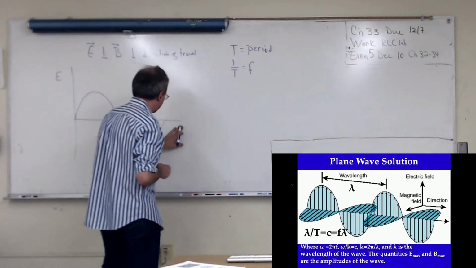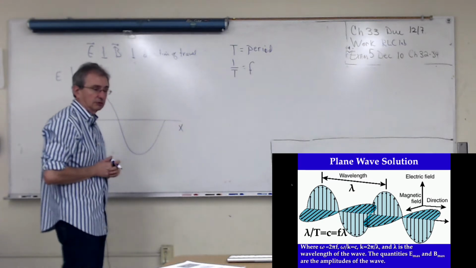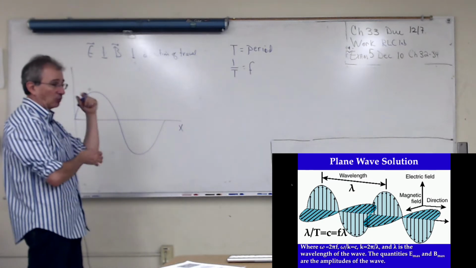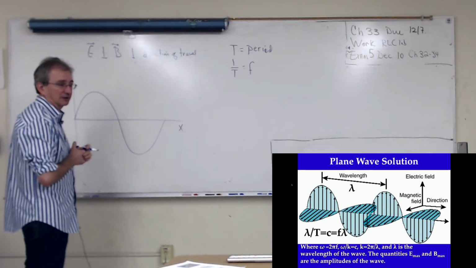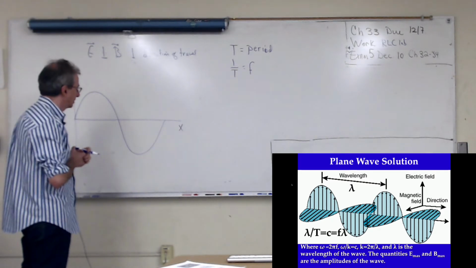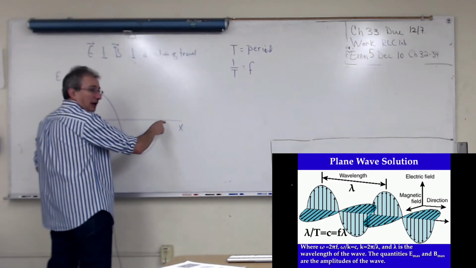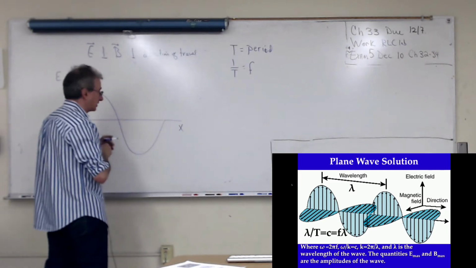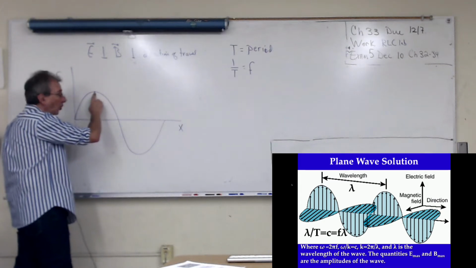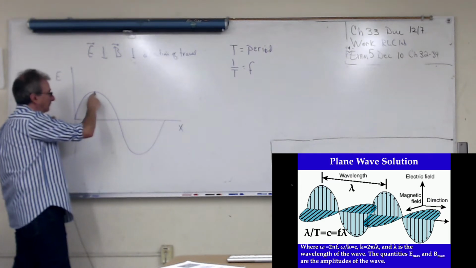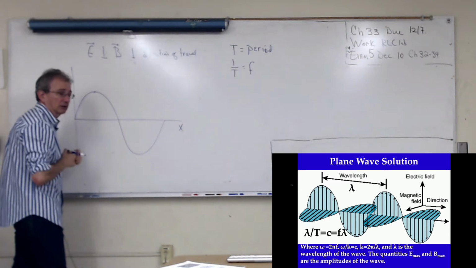If you plot the electric field as a function of position, and I'm drawing this as a one-dimensional field, the distance the wave travels before it repeats itself, let's say when you have a peak again, or when the amplitude is the same again, is called a wavelength.